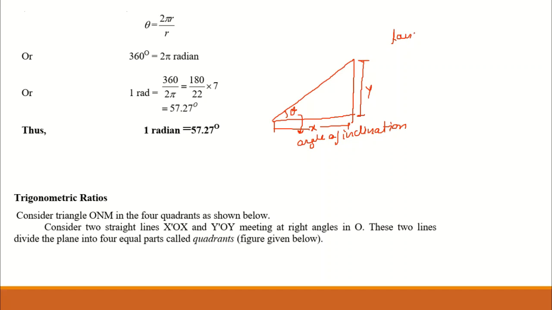So the tan theta ratio is perpendicular upon base, that is the height traveled in the vertical direction with respect to the horizontal direction.